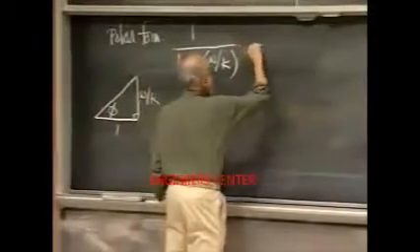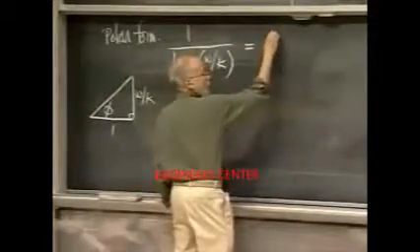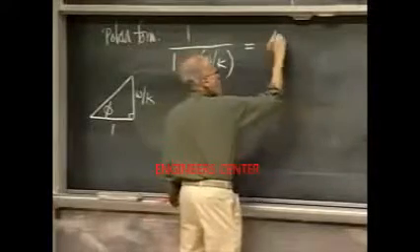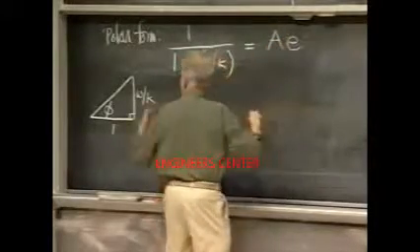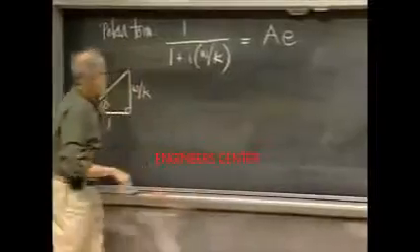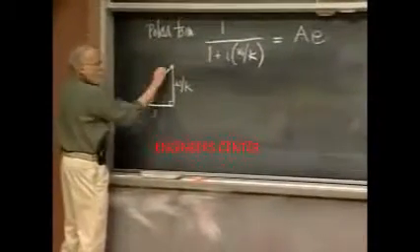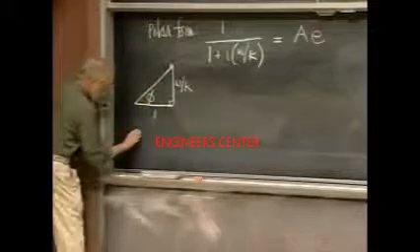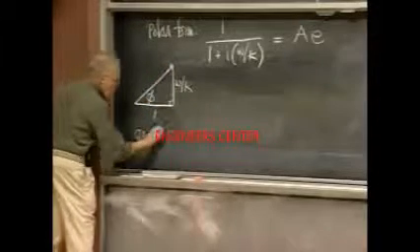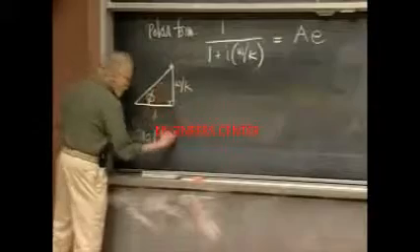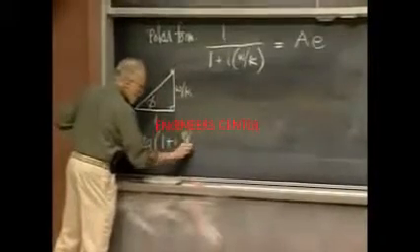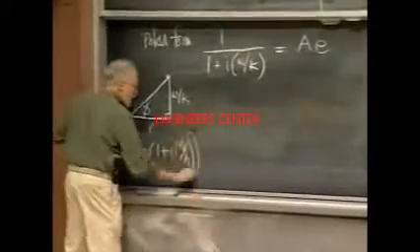Now, this is going to be a complex number times e to an angle. Now, what's the angle going to be? Well, the argument of the complex number 1 plus i times omega over k is how much?